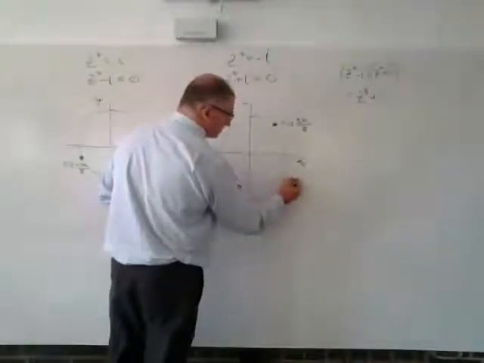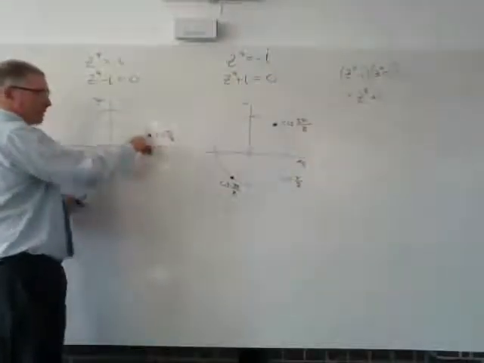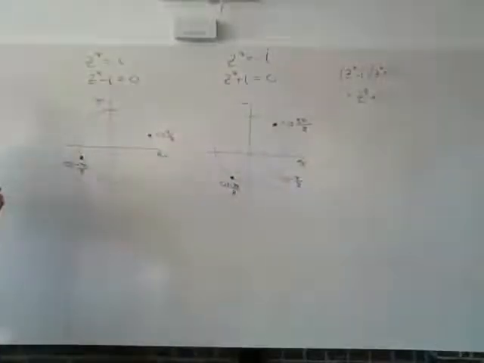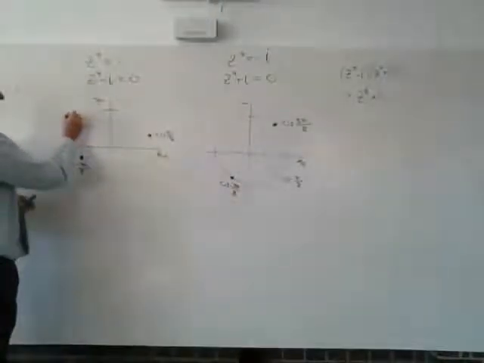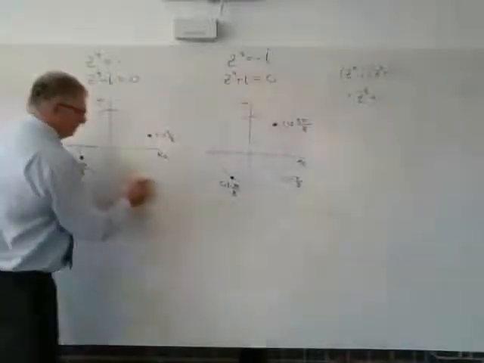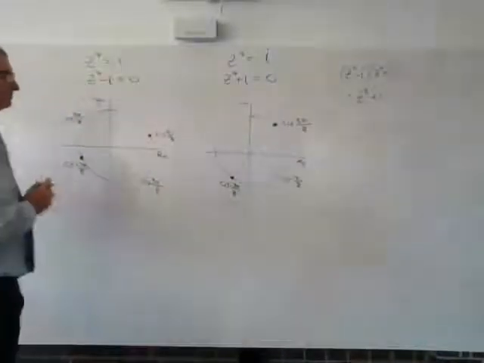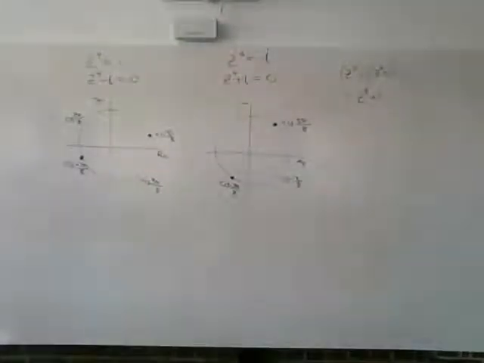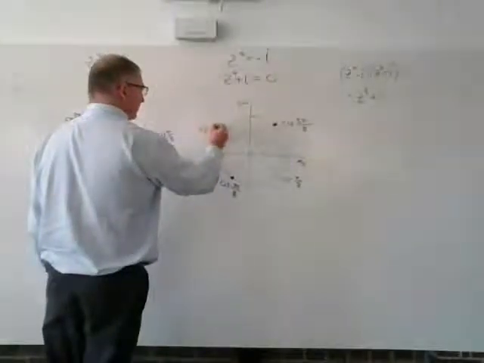This one is cis of minus pi on 8, which is the one that's from here, but this one can't have a conjugate pair, so it must be over here. This must be cis of 3 pi on 8, negative. And what's the final one over here? Cis of 7 pi on 8.